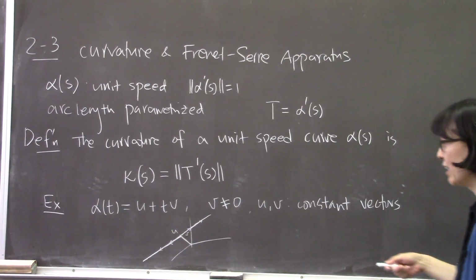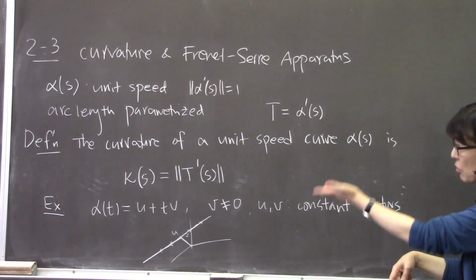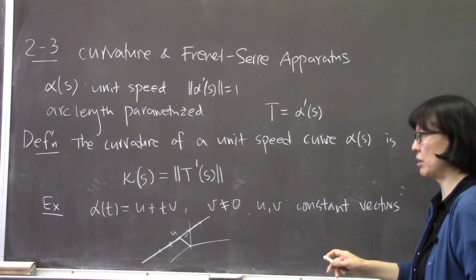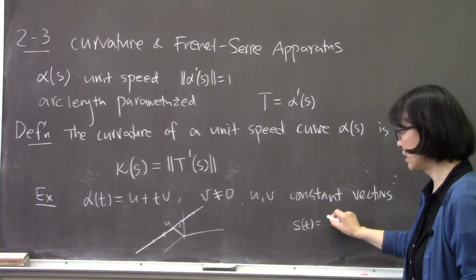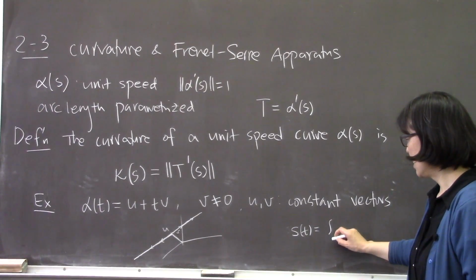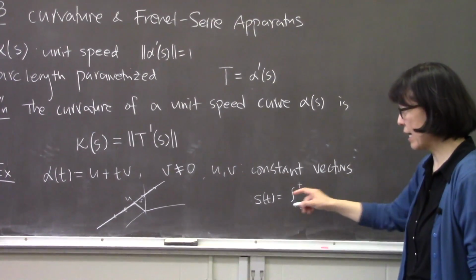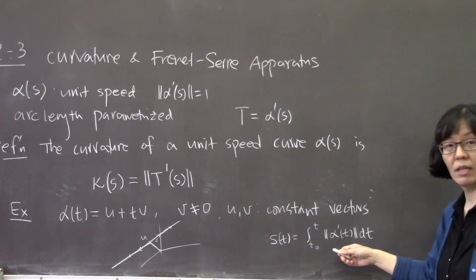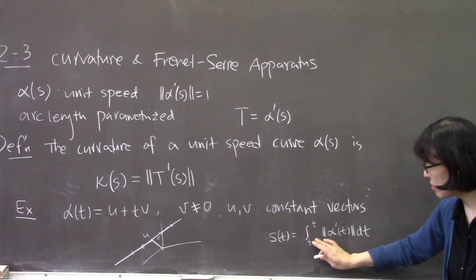So that is the equation for the straight line. Okay? Then to use this definition, we have to consider a unit speed curve. I mean the arc length parameterized curve. So let's change the parameter. So what is the arc length function? S is the integral from t0 to t of the magnitude of alpha prime t dt. But here we can put this one as 0.